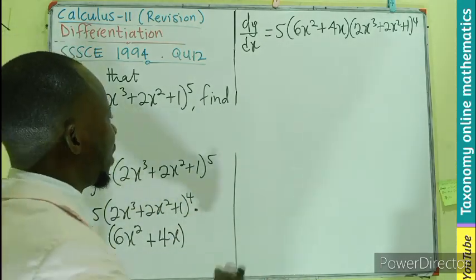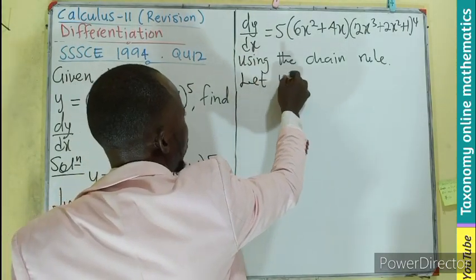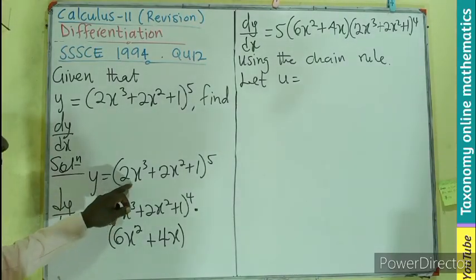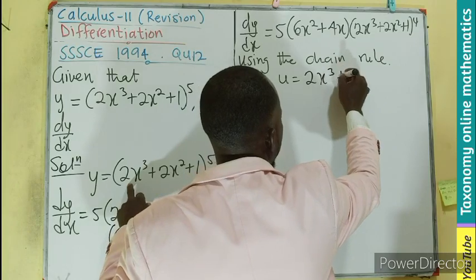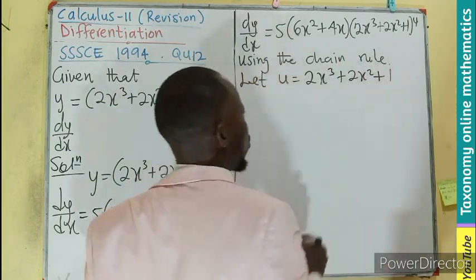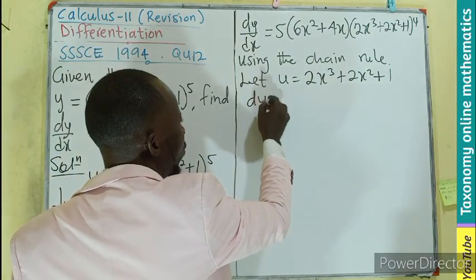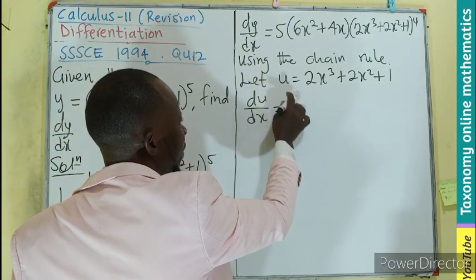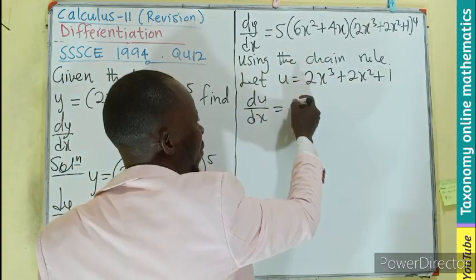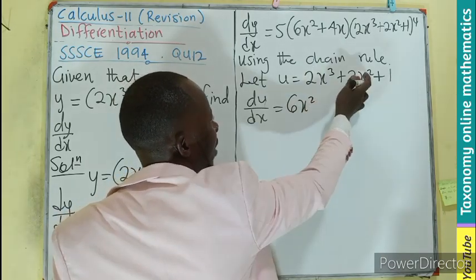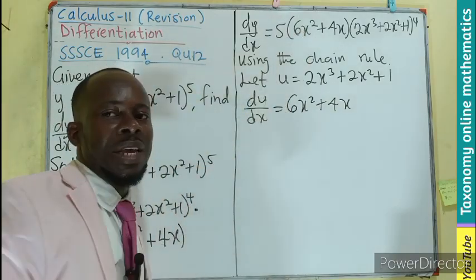We can also use the chain rule. Let u equal the term in the bracket, so u is 2x³ + 2x² + 1. Let's differentiate that: du/dx, differentiating u with respect to x following the same approach, is 6x² plus 4x, just like we did in this case.